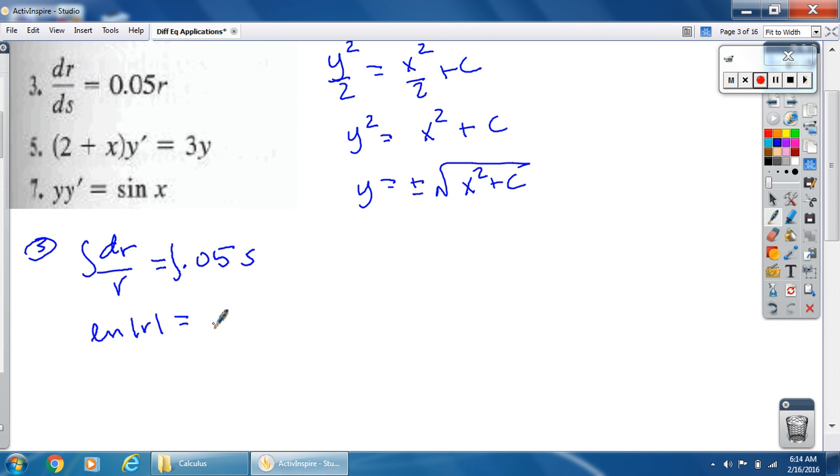On the right hand side, I'm going to get 0.05s, and solving for r is going to give me r equal to e to the 0.05s, and I forgot my plus c over here, plus c, which is r equal to c e to the 0.05s.